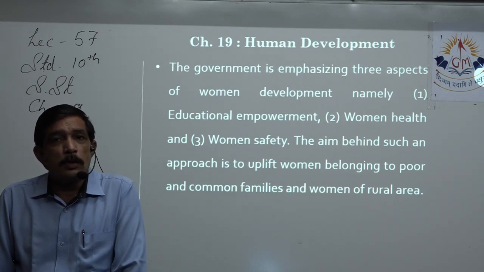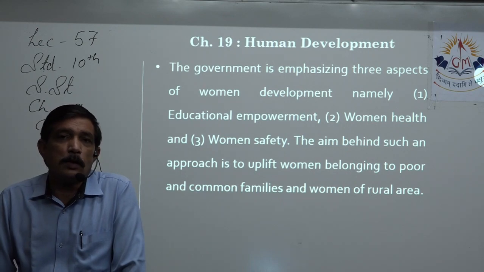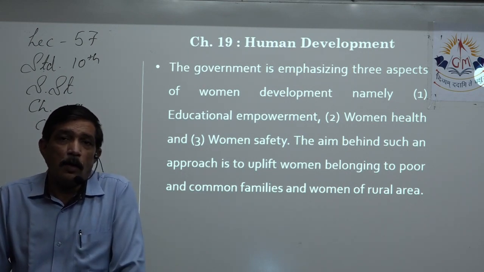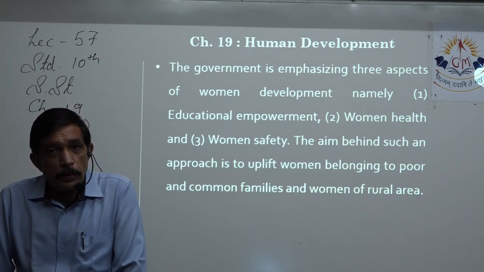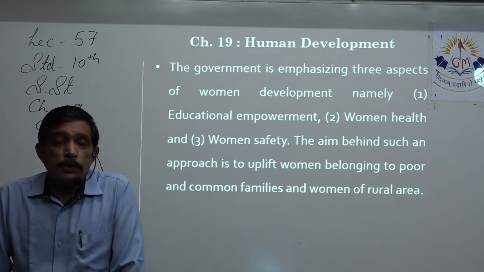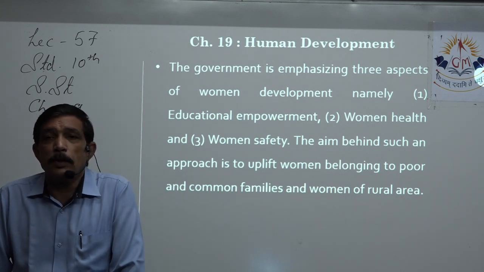Then, about women's health. In the rural areas especially, women's health is not cared about that much. The male child is given more preference, and the girl child is not given preference in each and every sphere of life. Education is not given to them, proper respect is not given to them, proper medical care is not given to them.